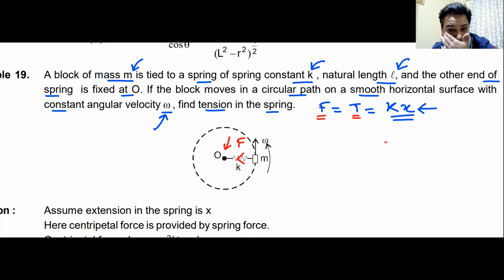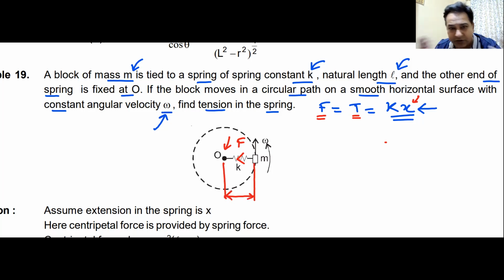Now this F is equal to K into X, where X is the extension in the spring. So I am assuming here that the spring gets extended by an amount X. Now, if the spring gets extended by an amount X, can anyone tell me what would be the radius of this circle?